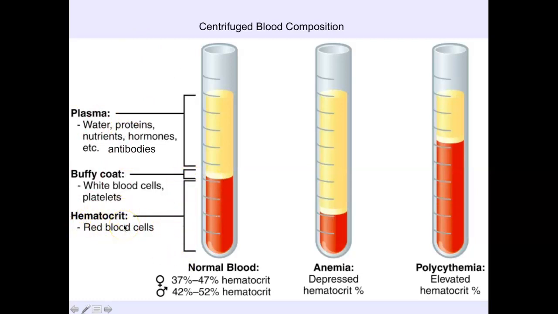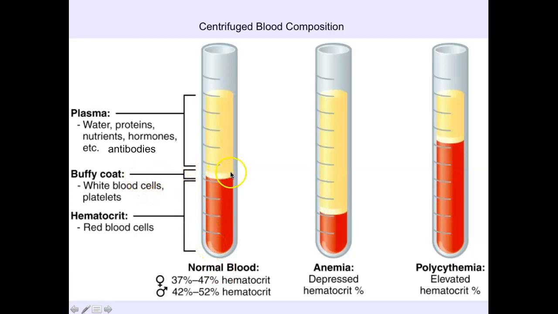This term is mentioned under erythrocytes later on in the chapter. The hematocrit is the percentage of red blood cells or erythrocytes that you have, and there's a normal range for your hematocrit. Again, red blood cells are going to carry your oxygen, right?